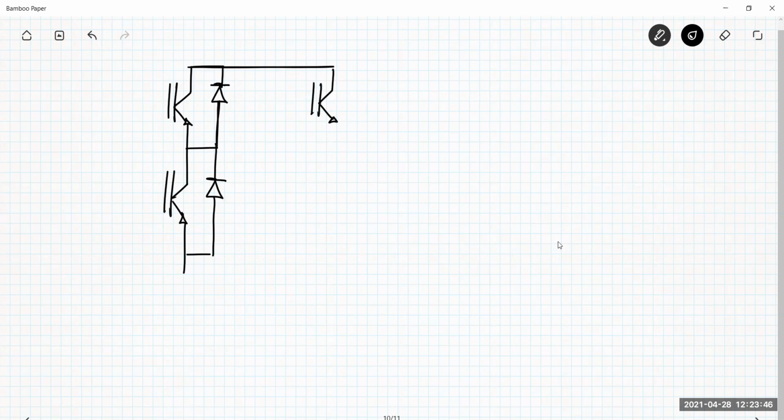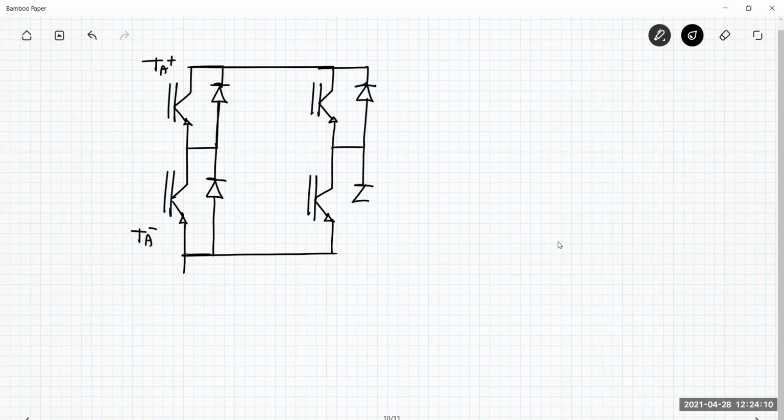TA plus, TA minus for the leg A, then you have the leg B, so this is TB plus, TB minus, DA plus, DA minus, DB minus, DB plus.